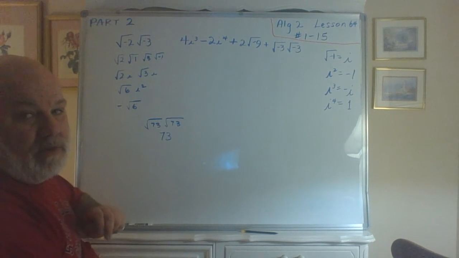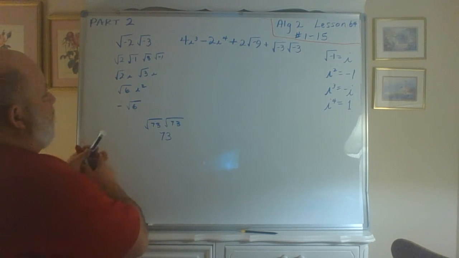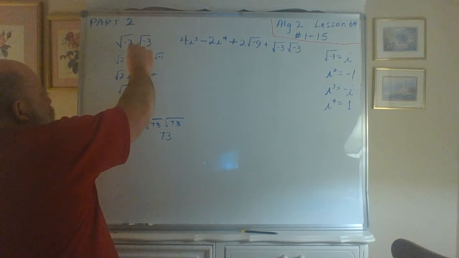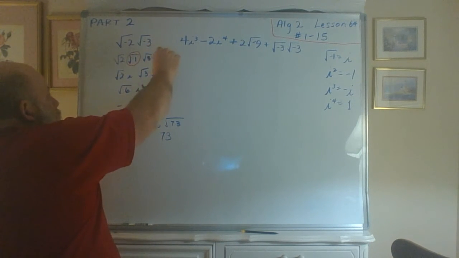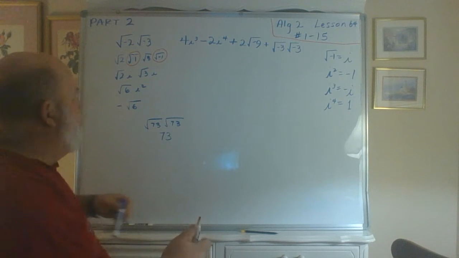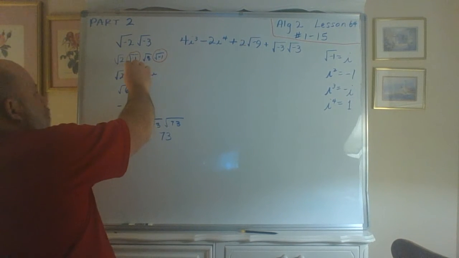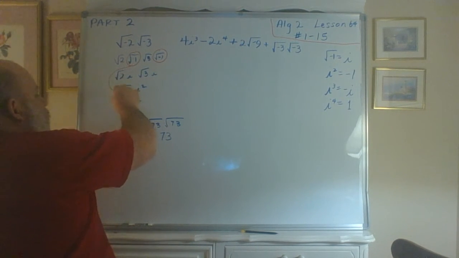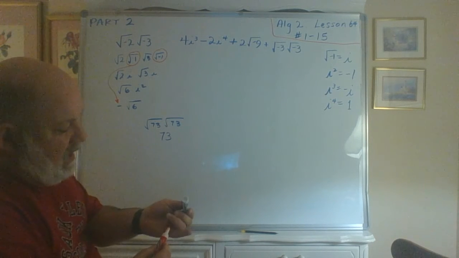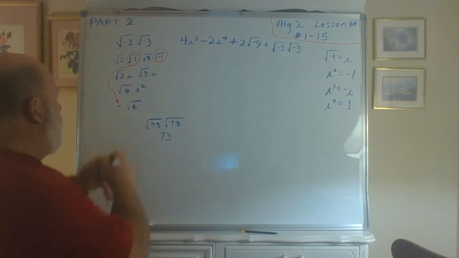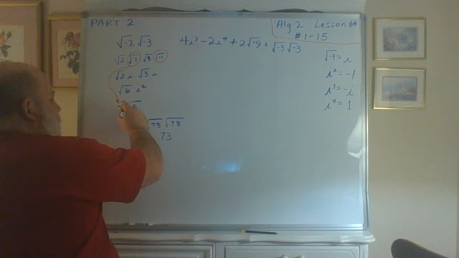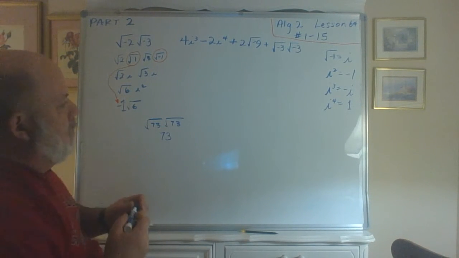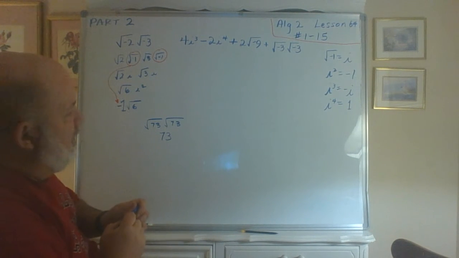I just know that that's going to be 73. Up here, I've got this square root of -1 and another square root of -1. The fact that I have 2 of them together means that they're going to equal -1, and then it comes out right there. I do not write it as -1 square root of -6, but I could if I wanted to.